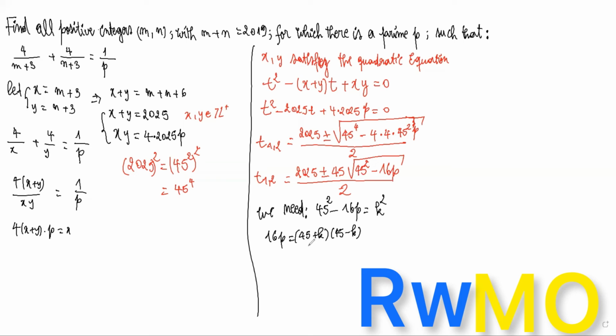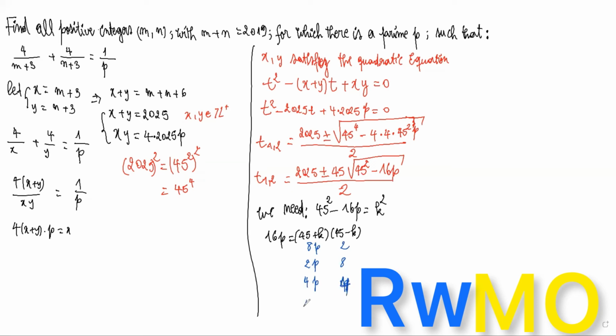So the first way to split 16p is either this takes 8p and this takes 2, or this takes 2p and this takes 8, or this takes 4p and this takes 4, or 4p and p, I mean 4.